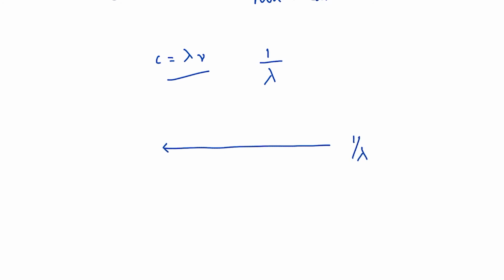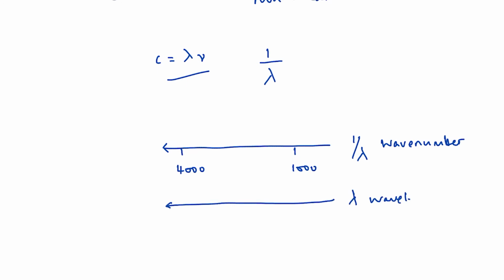Okay, so 1 over wavelength, which is our wave number. So let's say that is 1,000 to 4,000, which is roughly the interesting part of the wave number scale for an infrared spectrum. That corresponds to a wavelength of the region we've already seen, roughly 2.5 to 10, 12 micrometers.